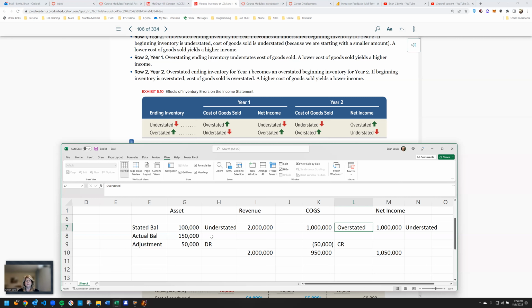So it usually only has a two-period impact: the period that was recorded incorrectly, and the period after it, but not any periods beyond that, because it would be corrected again. In year 2, you would have corrected it, but the timing just places the value in the wrong period.